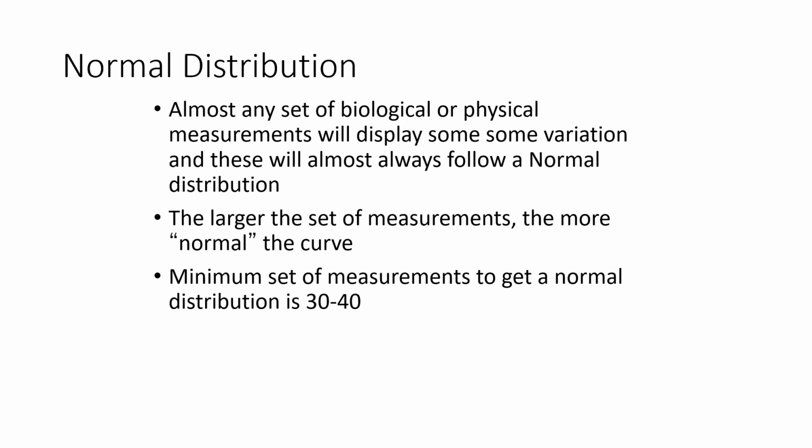What we've also found from many empirical observations is that the more measurements, the more samples, the more individuals or subjects that you include in measuring a distribution, the more normal that curve becomes, the more bell-shaped it looks, the smoother the curve looks. Typically, a minimum set to be able to have good statistics and good confidence that there's a normal distribution is about 30 to 40 subjects. And this is just a good rule of thumb.